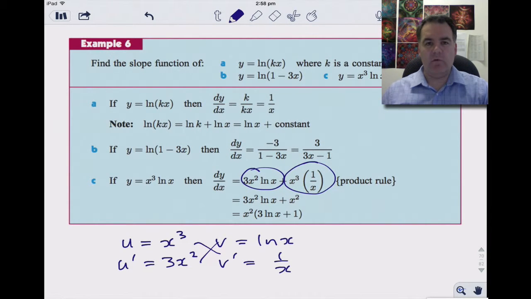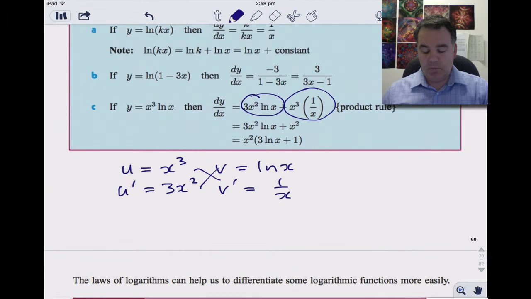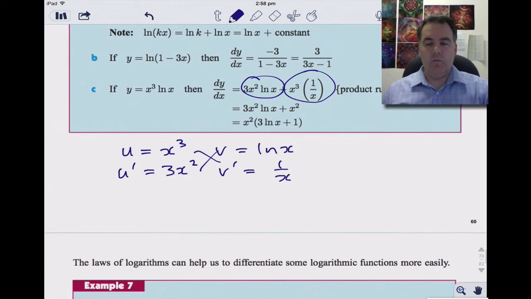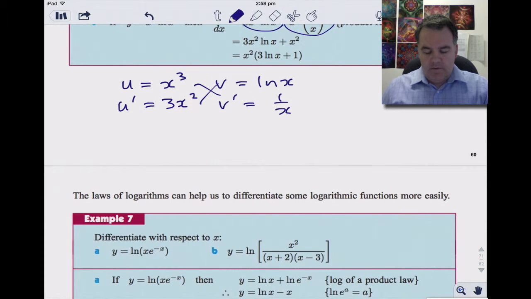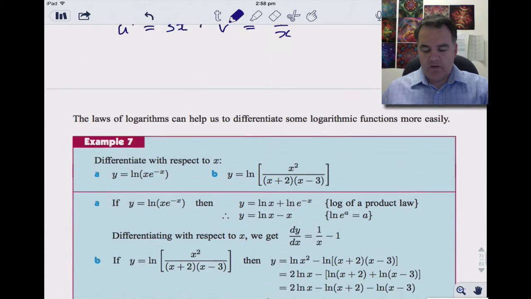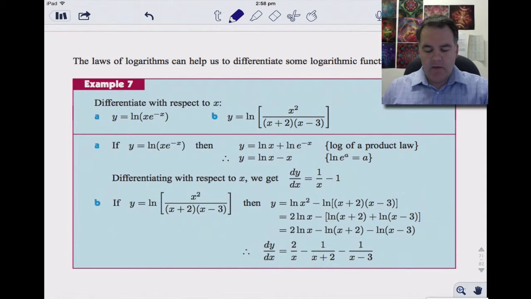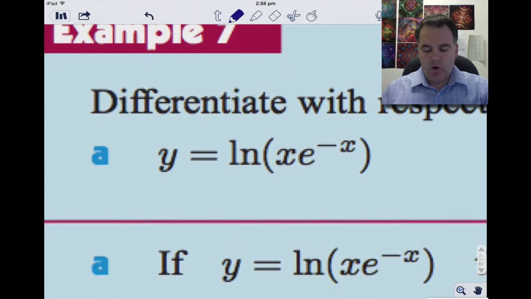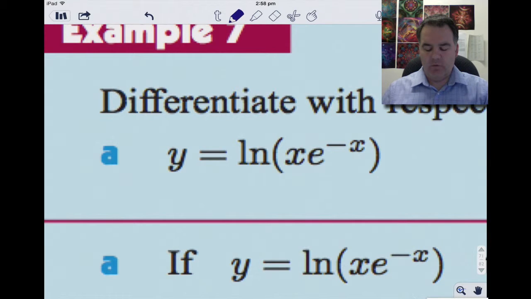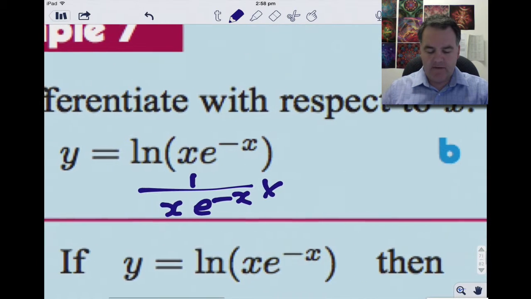So we've done the chain rule, we've done the product rule. Of course, we can apply this when we're using quotients as well. Looking at page 61, this is part A. I'm just going to look at part A. Again, we could look at this one and get quite complicated. We say, okay, the derivative is 1 over x e to the minus x, which is true, times the derivative of x e to the minus x.